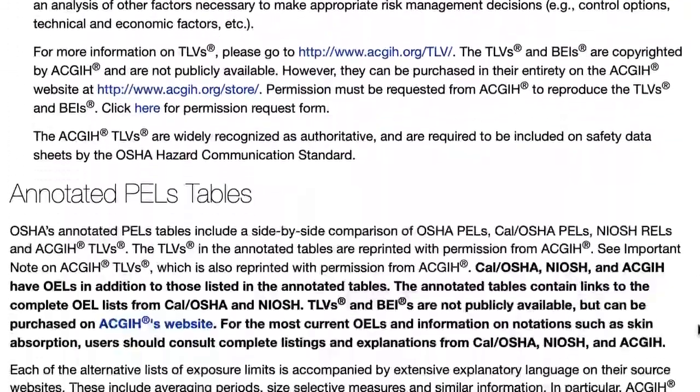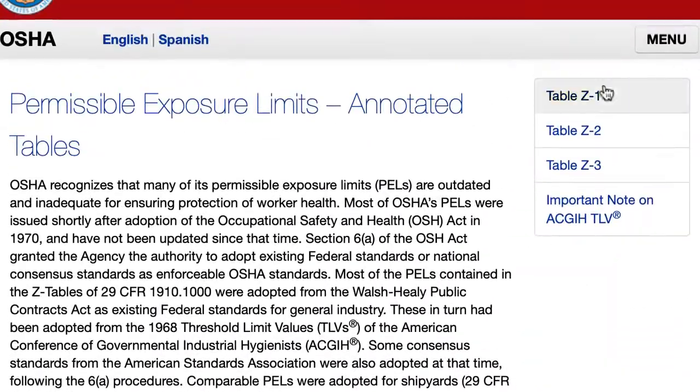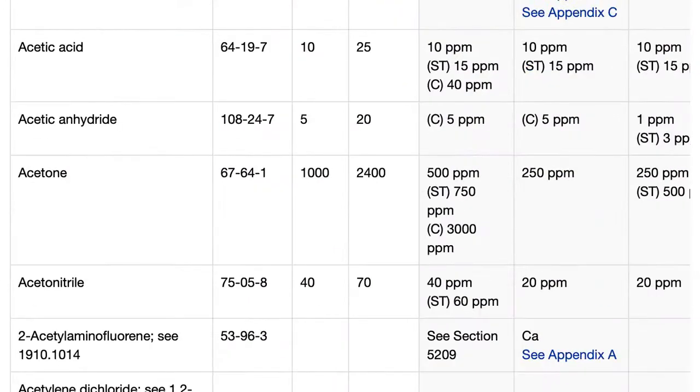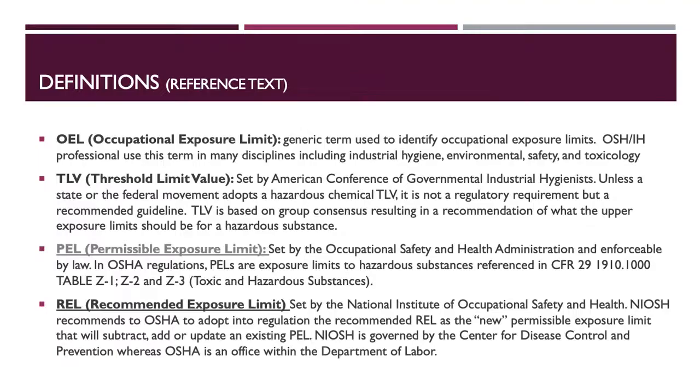And so that is where the link can be found, and you can take a look at the different tables. For example, for acetone or acetic acid, you can find the occupational exposure limits there, the OSHA PELs. We can, of course, also find them in the NIOSH Pocket Guide, which you can either reference from the web, or I have a hard copy on my desk.